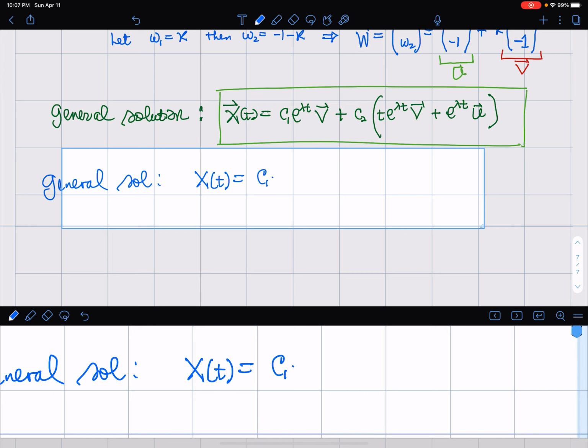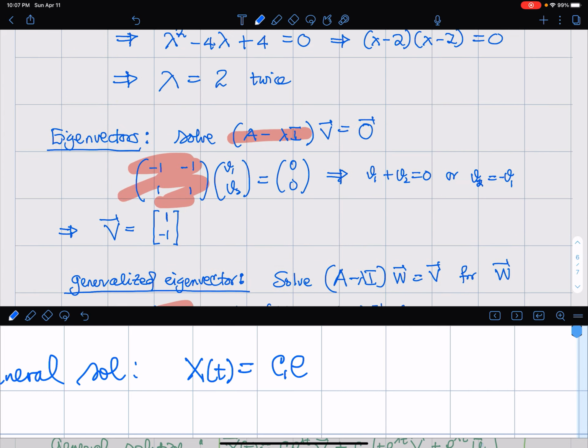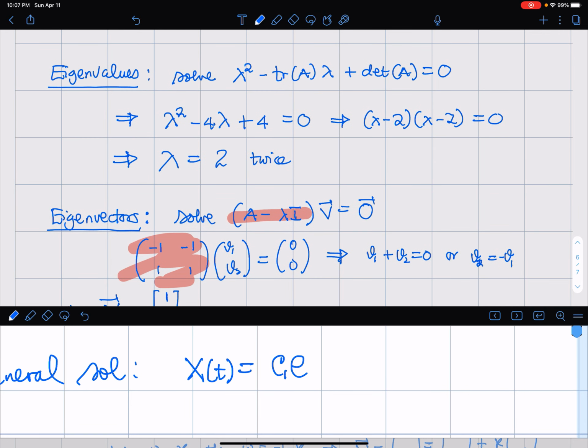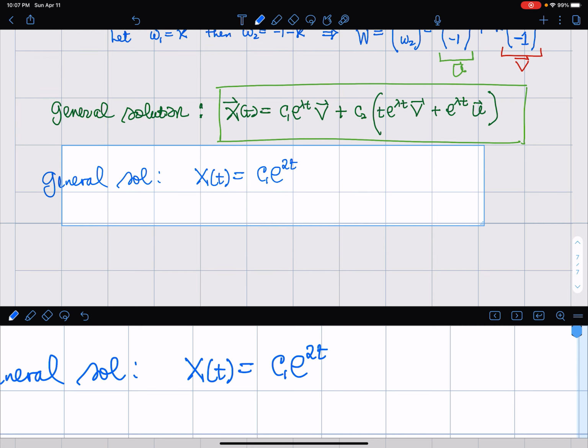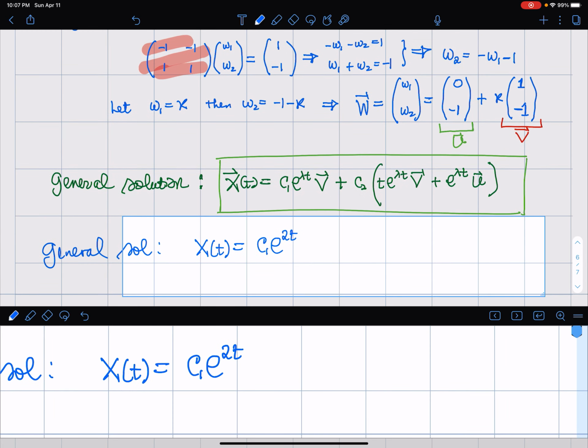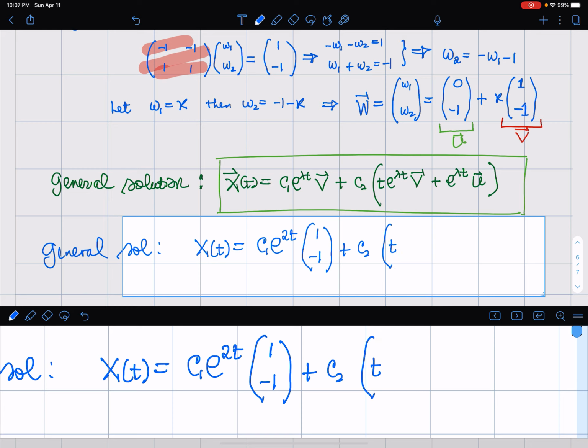Is C1 e to the, our lambda is 2, e to the 2t times v. What is v? V is 1, negative 1, plus C2 t e to the 2t times, let's expand it.